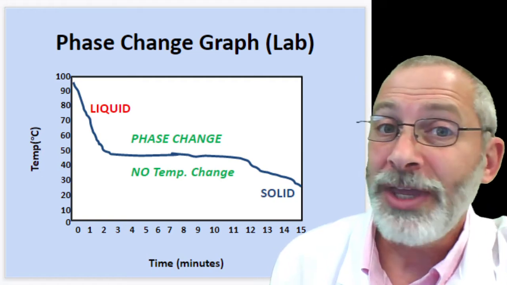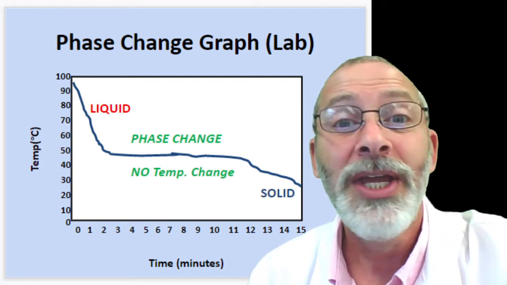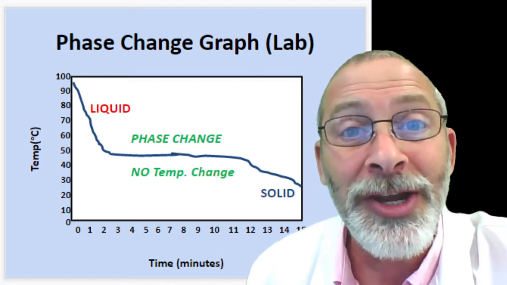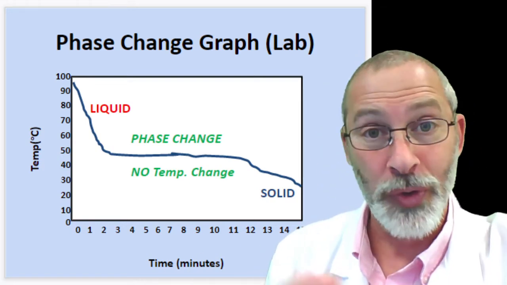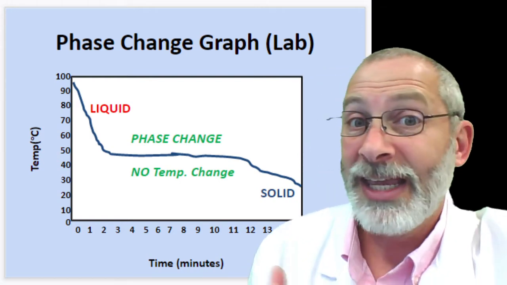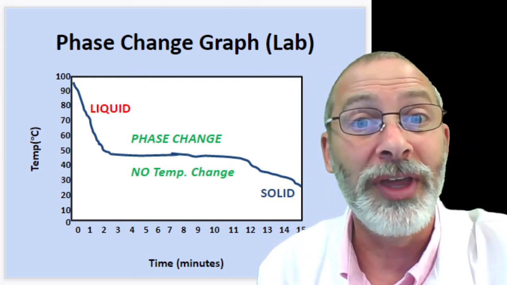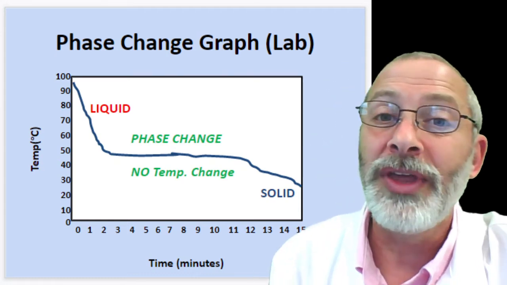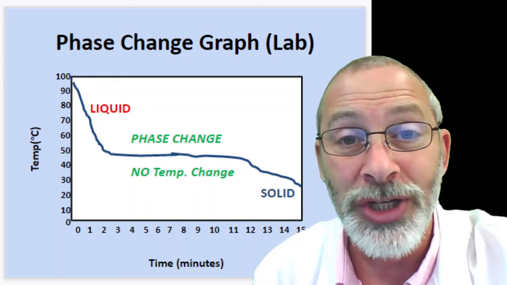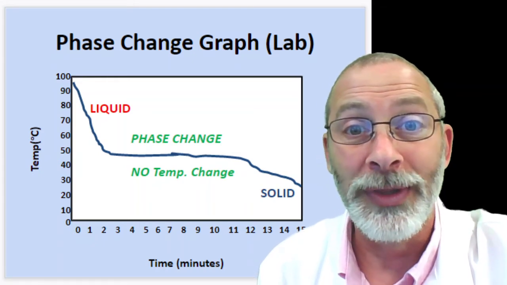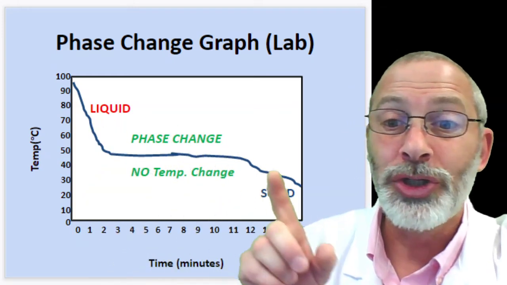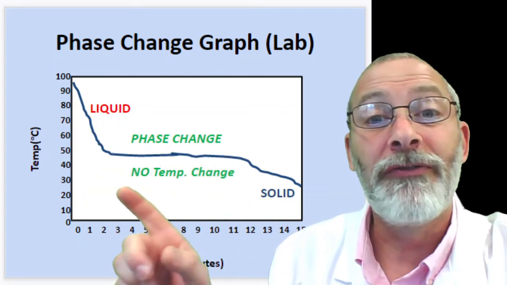Maybe you know the answer, but the answer is because during a phase change, it requires energy, either the absorption or the release of energy. And that heat energy is called either the heat of fusion or the heat of vaporization, based on which phase change it's going through. So in the case of our lab here, going from a liquid to a solid, we have freezing.